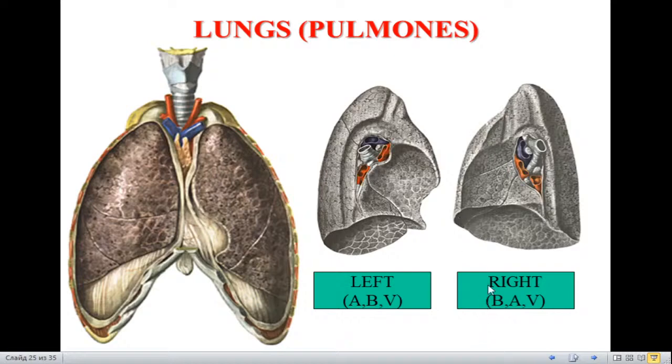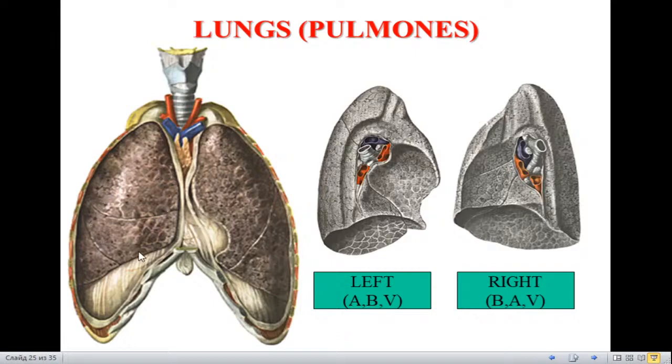And in the right lung we have BAV: the bronchus is situated superiorly, then the pulmonary artery. So those are the differences between the left and right lung. Also, the left lung has two lobes.